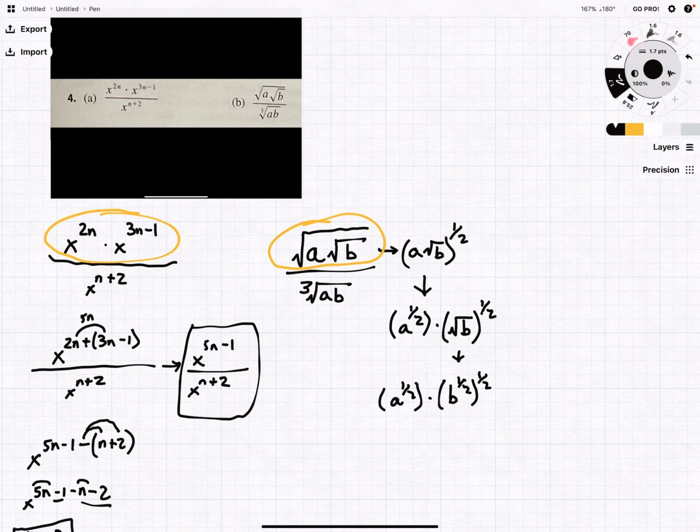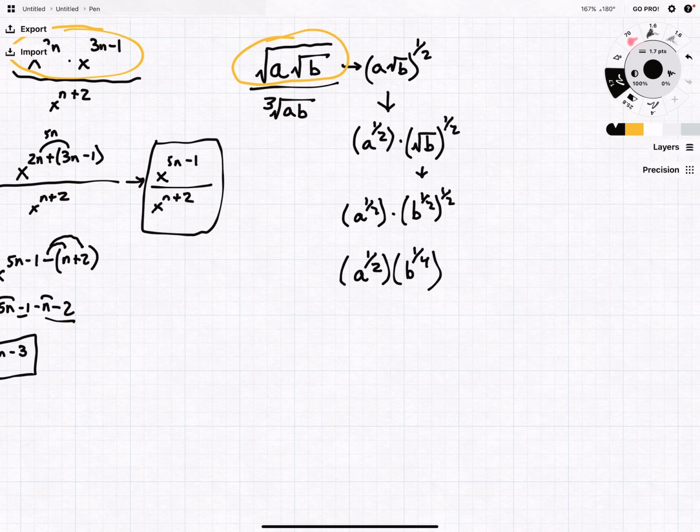Now, using our law of exponents, when you have a power to a power, you can multiply those. So this expression gives us A to the 1/2 times B to the 1/4. Okay? Great. Now, I understand this is a lot of steps, but I'll show why we're doing all of this.